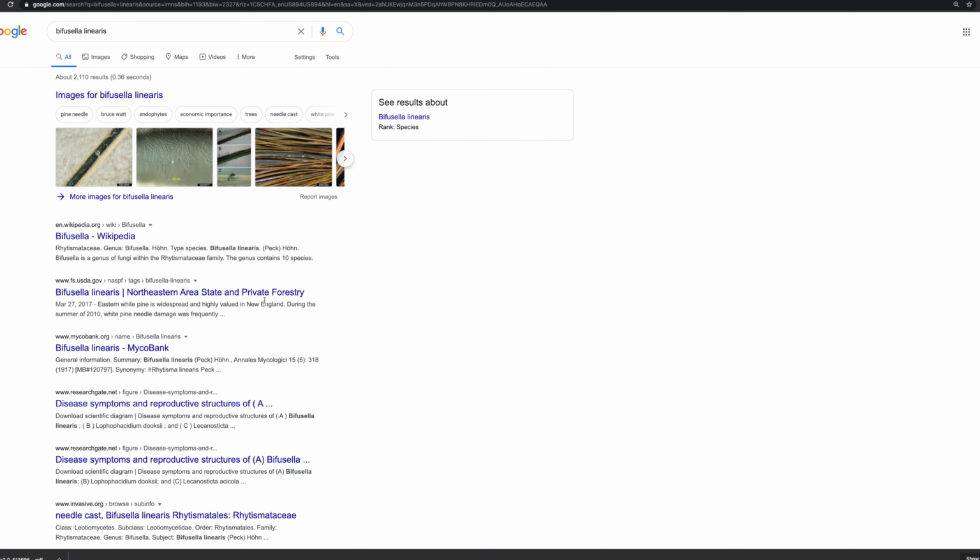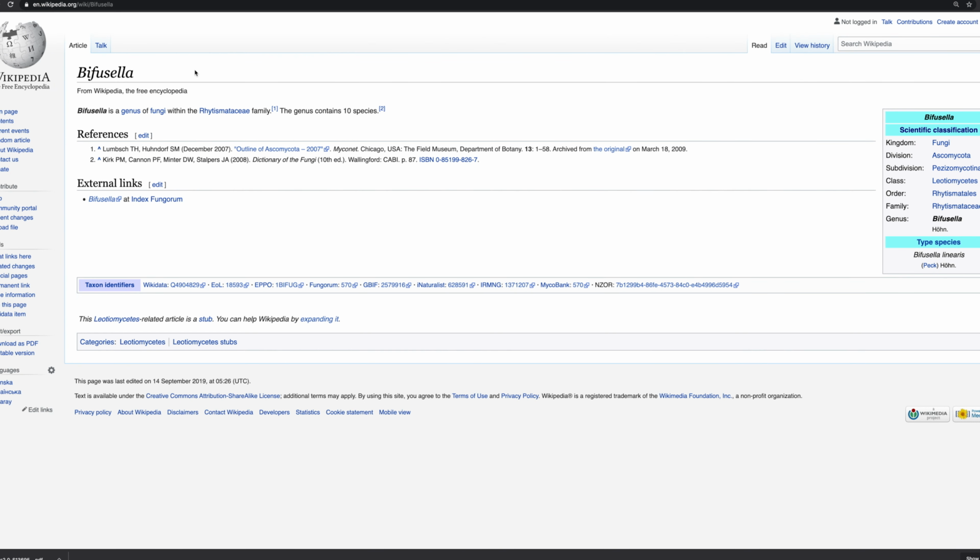So let's see the first reference here. We don't want to use Wikipedia. Maybe you can use it just to look at it and just for your own curiosity, but we don't rely on Wikipedia.